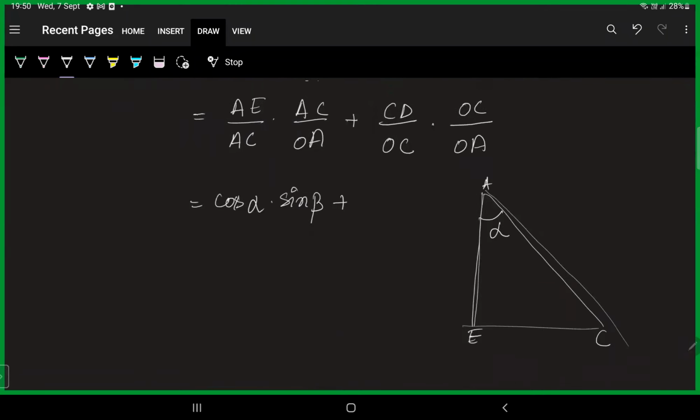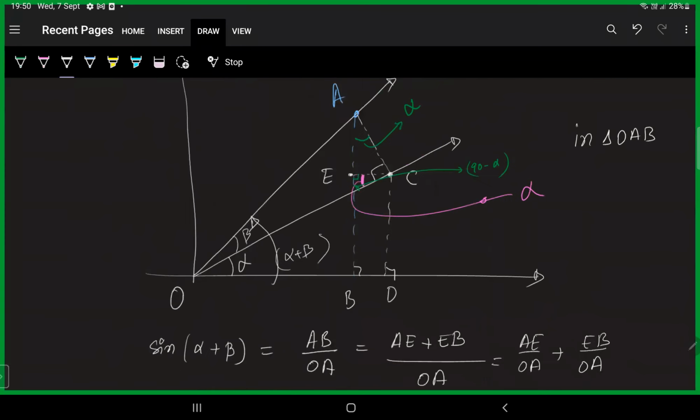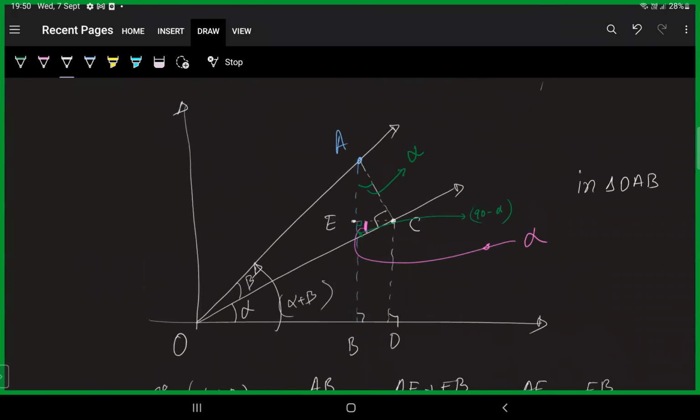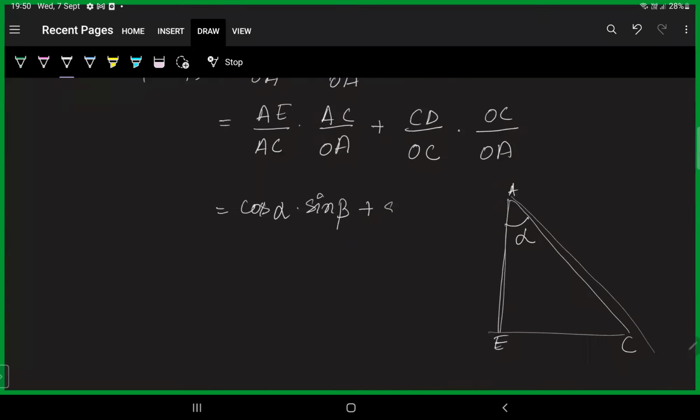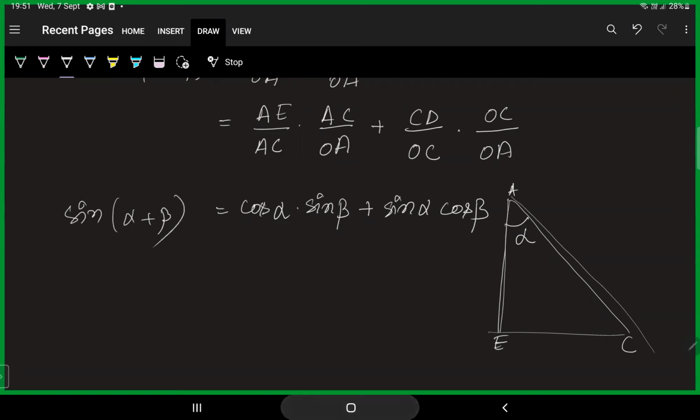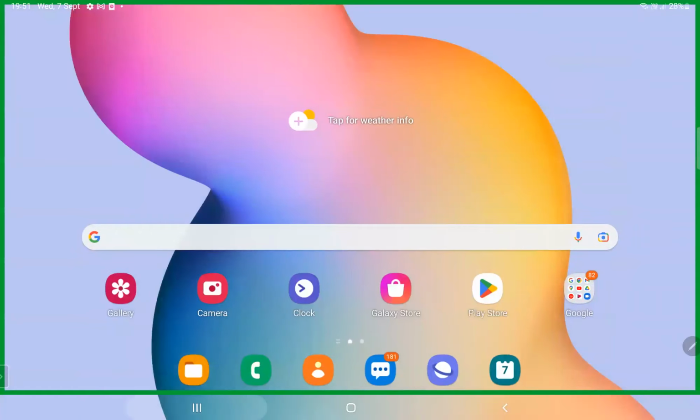Now CD upon OC. What is CD upon OC? Tell me. Sine alpha, and this is your cos beta. Okay, so this is your sine alpha plus beta. Got it?